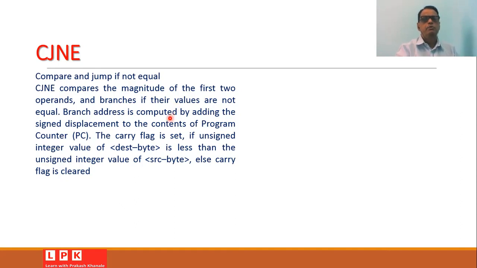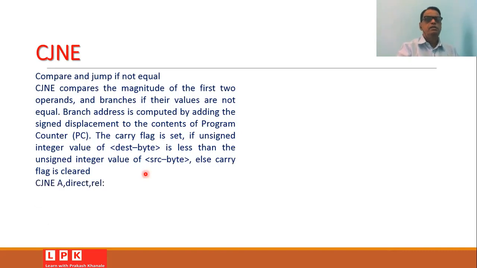The branch address is computed by adding the signed displacement to the content of the program counter PC. The carry flag is set if the unsigned integer value of the destination address is less than the unsigned integer value of the source byte, else the carry flag will be cleared.